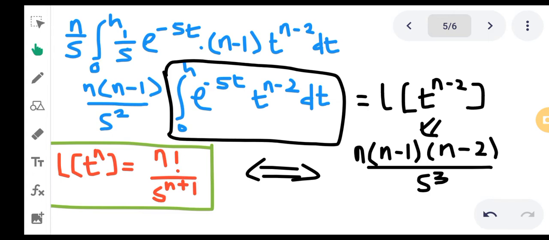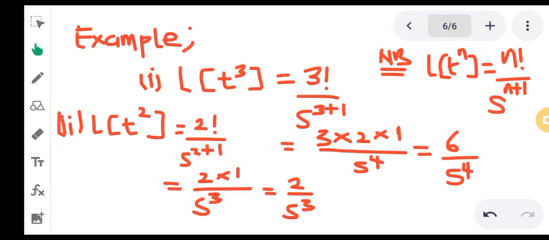Then by comparing the s, initially it was s, then we came to s squared, and this one too also gave us s cubed. So I can derive an expression that s is s exponent n plus 1. So that's how we have the Laplace transform of t exponent n is equal to n factorial over s exponent n plus 1.